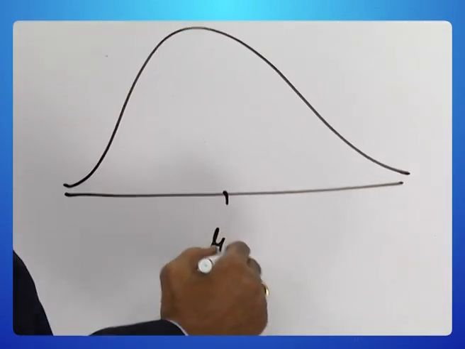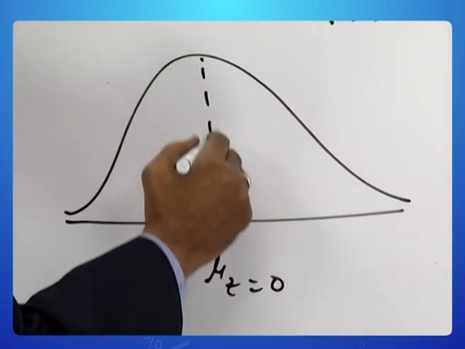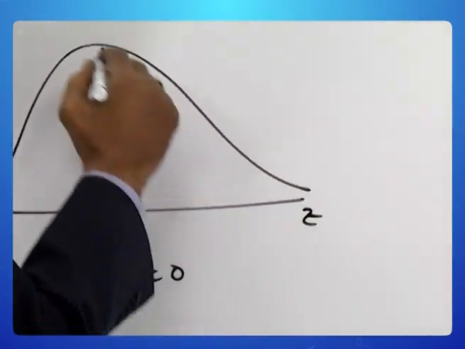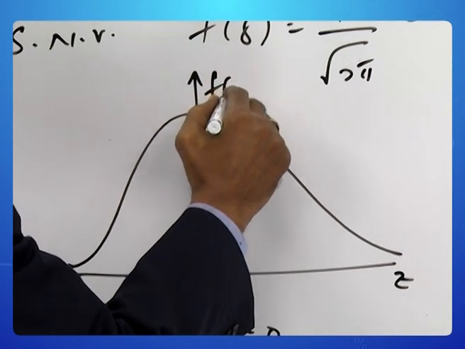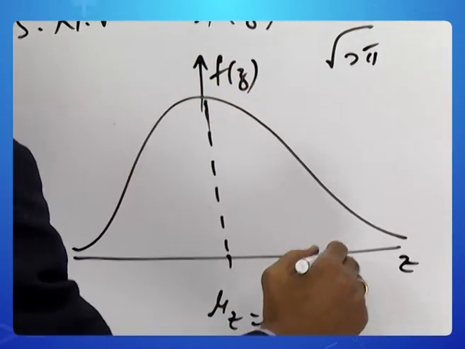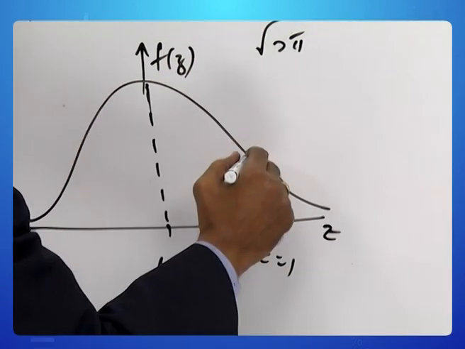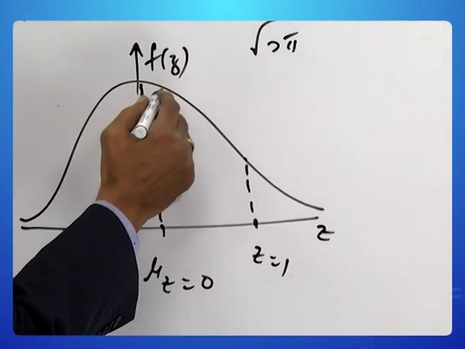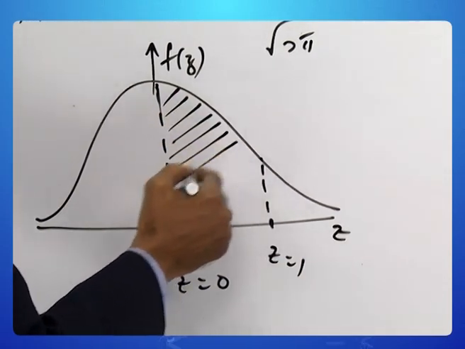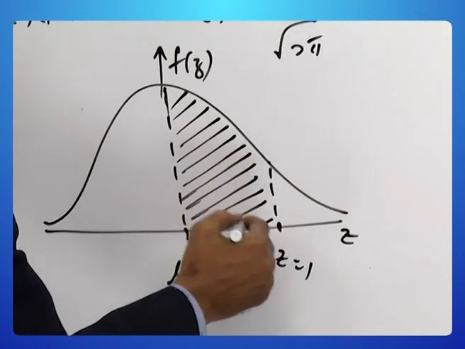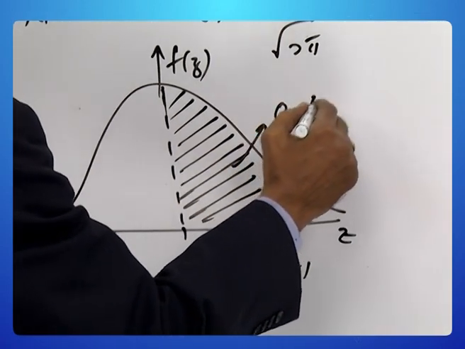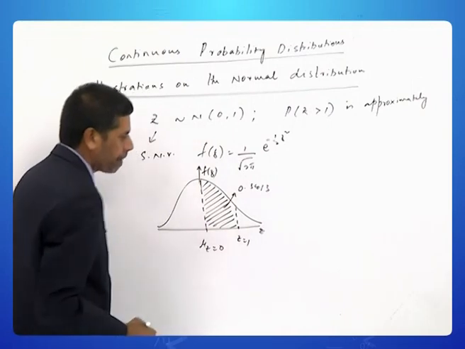This is mean of z is equal to 0. This is z is equal to 1. We know this area is approximately 0.3413.